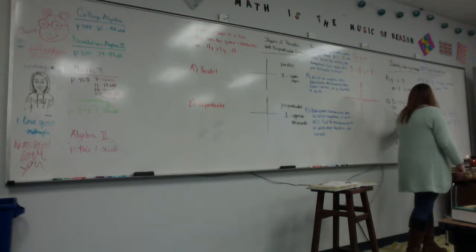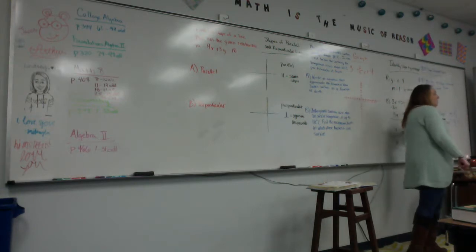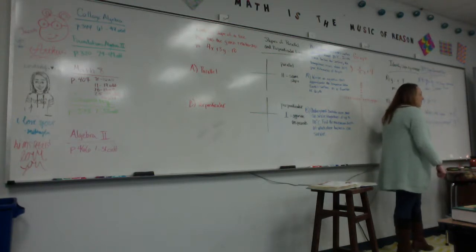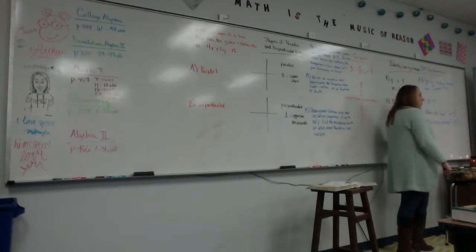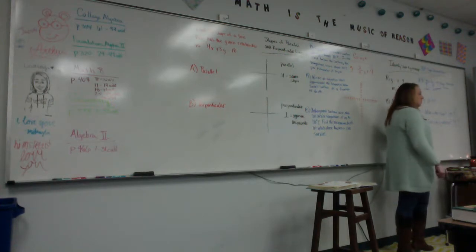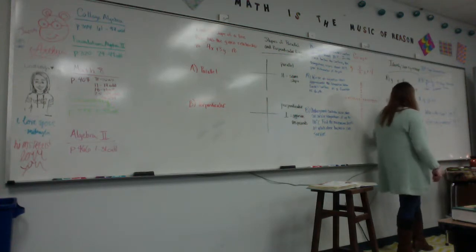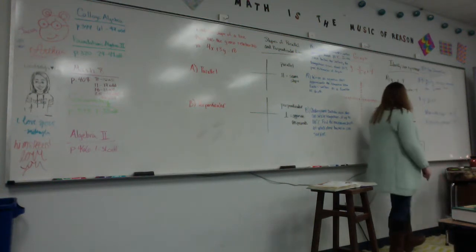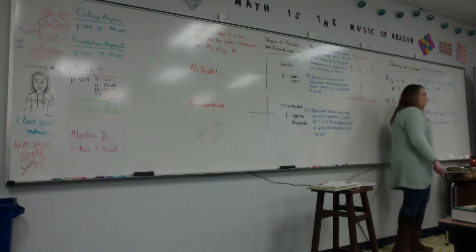That means I divide this section by 5 and this section by 5. 3 cannot be divided by 5, so I just get negative 3/5 x. When you divide 10 by 5, you get 2. Now this is in slope-intercept form, so I can say my slope is negative 3/5 and my y-intercept is 2.